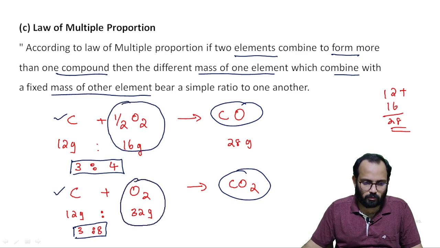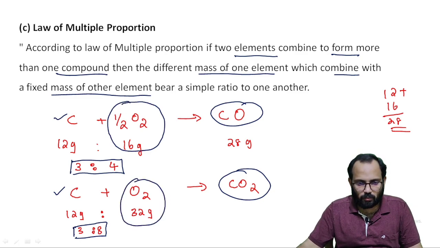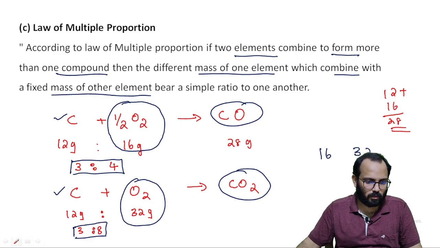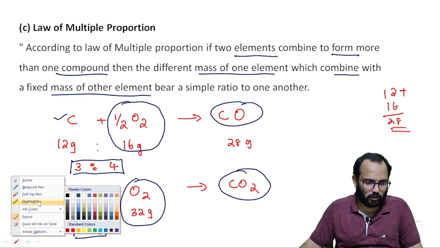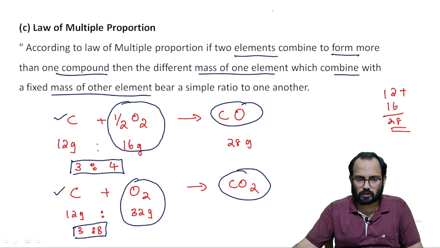This variable mass, what they are telling about that, the different mass of one element. Here it is 16 gram, here it is 32 gram. Okay, 16 and 32 grams.